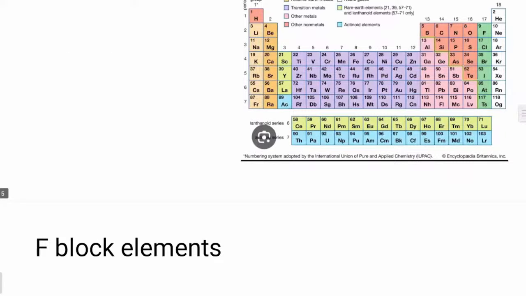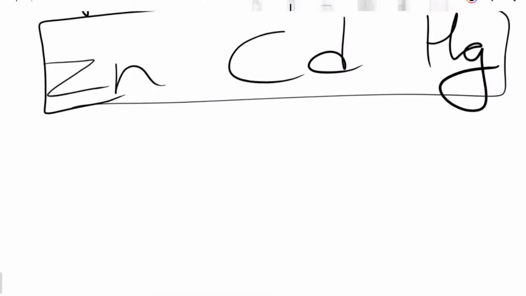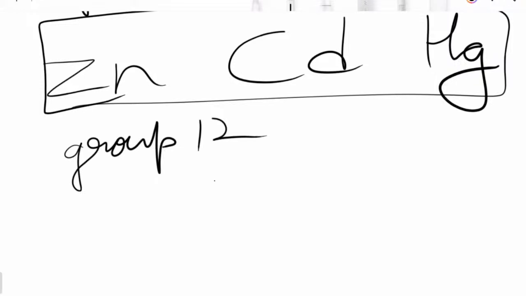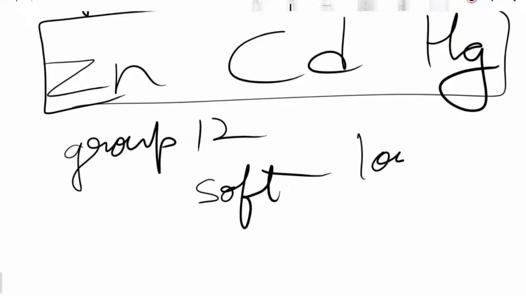They have low boiling points. The reason is that they are elements of group 12, and these are quite soft. This causes them to have low melting points.